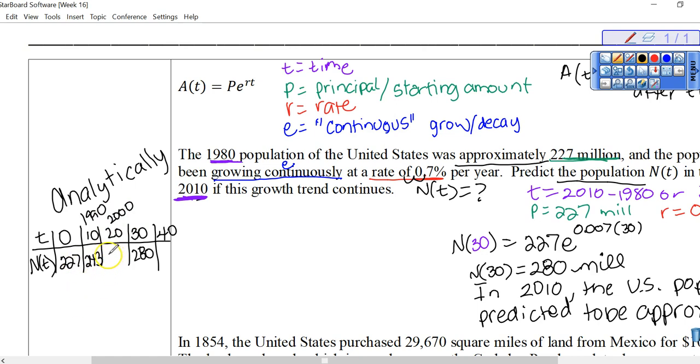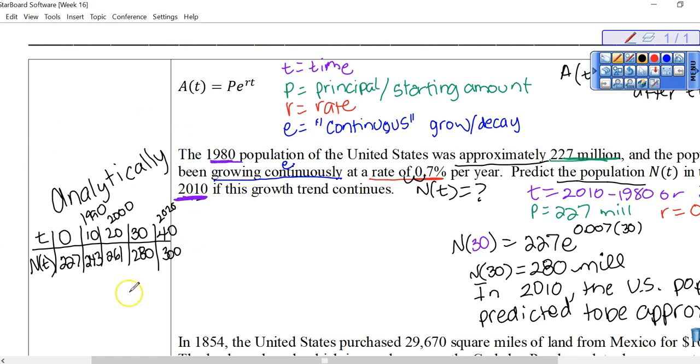Well, I think most of you were born after the millennium. There's not many of you in here that are 18. 261 million. And then how about in 2020? 300 million. Okay, so analytically, that'll get you a point. That's an analysis of the data, taking it a couple steps further.